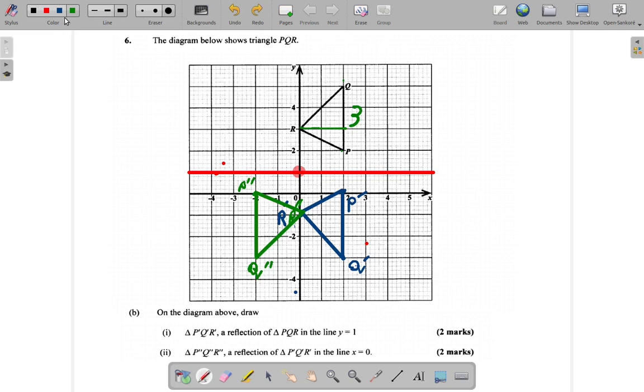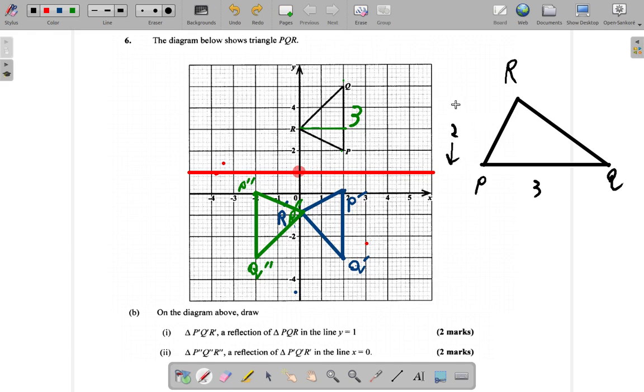Let's use black to make it look like the original triangle. Alright, so now we have our P here, Q here, R here. P to Q was 3 originally, and the vertical height was 2.